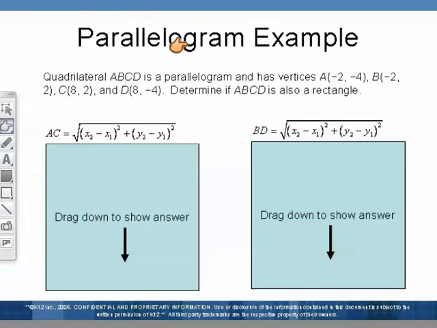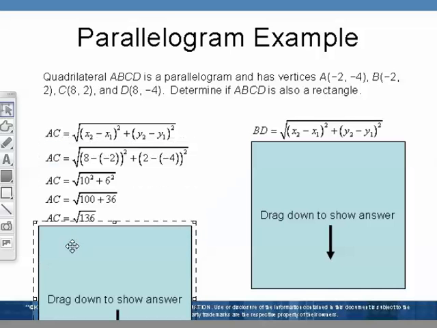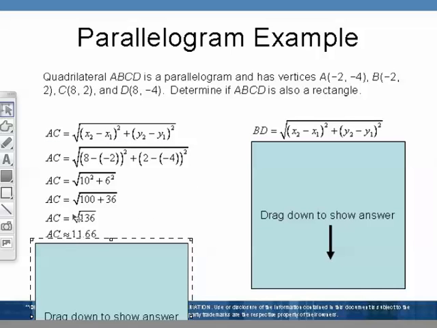Here's the parallelogram theorem. So we've got a quadrilateral. It has these vertices, A, B, C, and D. Determine, is it a rectangle? Well, if it is, then my diagonals will be congruent. So I take A and C, and I find the distance of A to C, and I get 11.66.